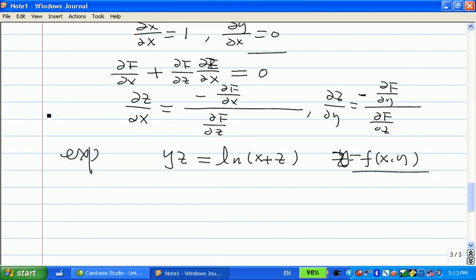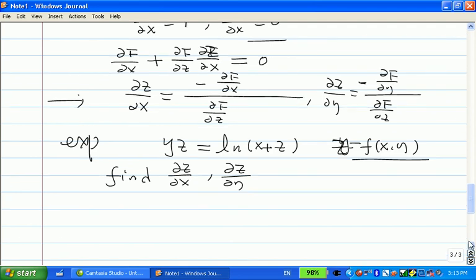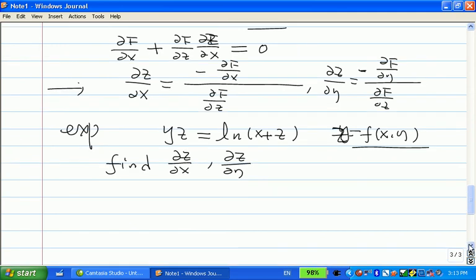Okay, now if we want to use this formula, what do we want to do? We want to find the partial z with respect to x and the partial z with respect to y. If we want to use these formulas, the first thing we need to do is find what capital F(x, y, z) is. So you subtract ln(x plus z), and you get this.